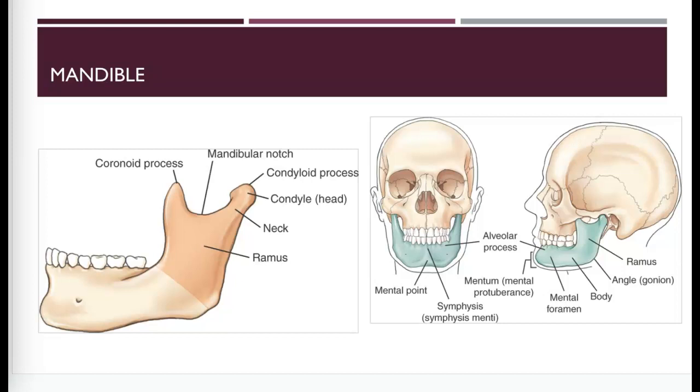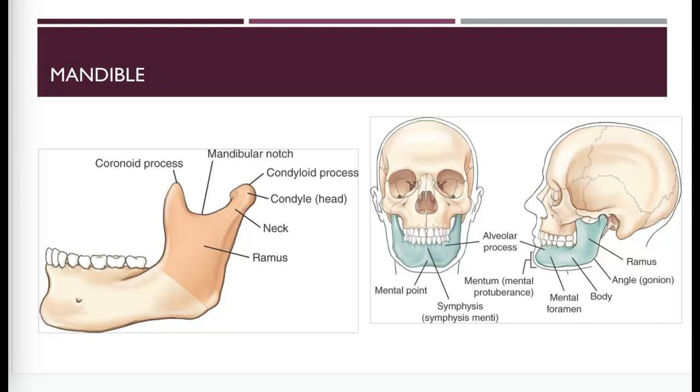The mental protuberance is the flat triangular area below the symphysis, marked by two knob-like protuberances that project forward. This area is usually described as just the mental point. So pretty much just where your chin is, a landmark that we're going to be using called the mental point.